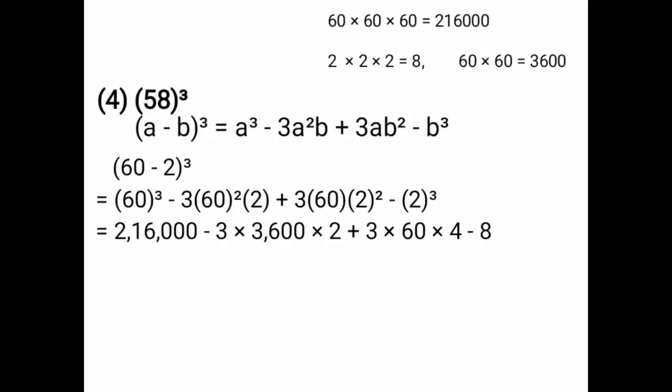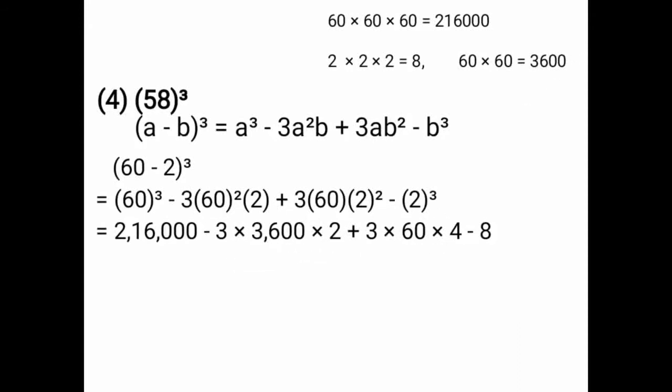Minus 3a square b plus 3ab square, I wrote in multiplication form like this. That is minus 3 into 3600 into 2 plus 3 into 60 into 4. I am getting 3600 here because 60 square is 3600, and 2 square is 4.